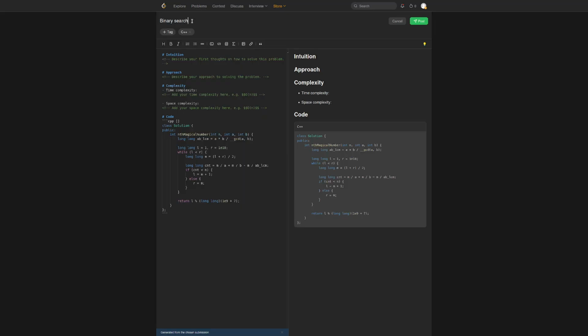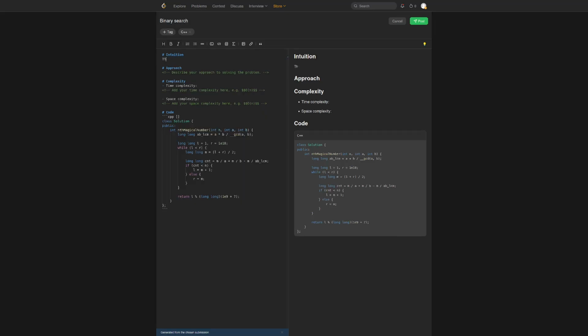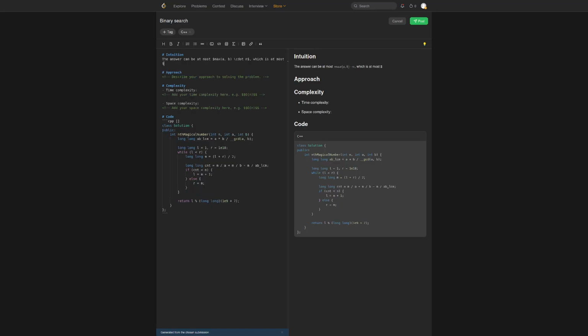Binary search. The answer can be at most max of A, B times n, which is at most 4 times 10 to 13, I think.